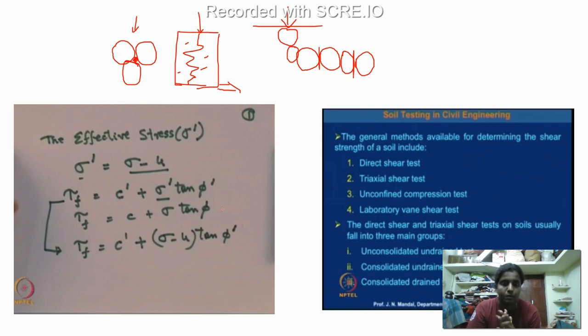We always worry about the drainage conditions of a particular place. We shouldn't allow water to enter, or we should allow it to escape from the soil. Why is this effective stress very important? If you remember, there is a condition in the field that we call the quicksand condition, which you have seen in movies, where you are pulled inside.